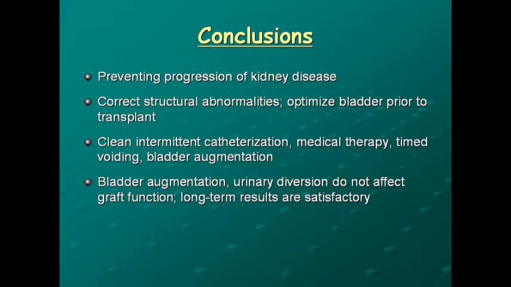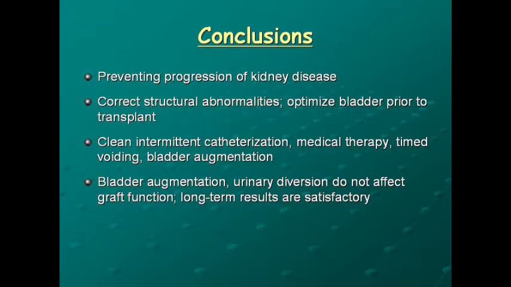I would summarize by saying that as far as pediatric nephrologists are concerned, our major aims at the onset are to prevent progression of kidney disease by controlling blood pressure, controlling proteinuria, and preventing and correcting dyslipidemia. In patients who have structural abnormalities, one would need to correct the structural abnormalities and optimize the bladder prior to transplant.